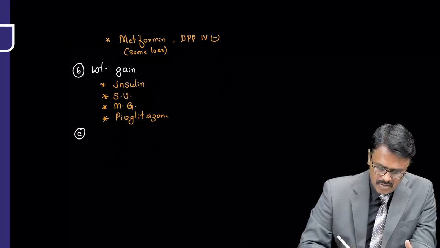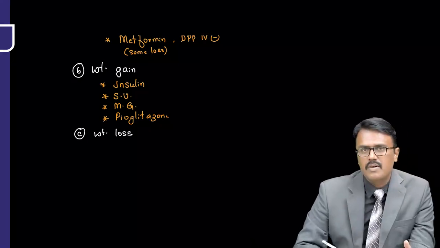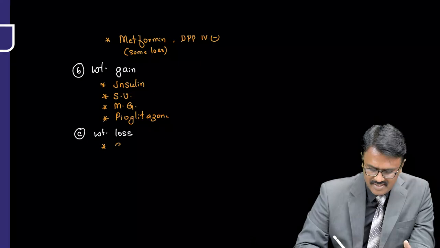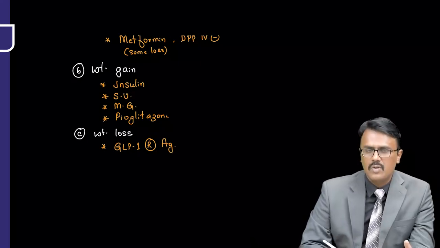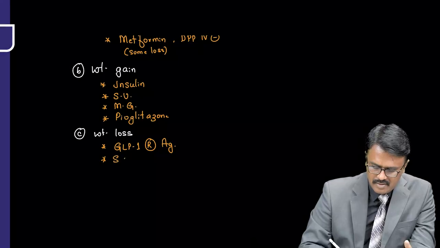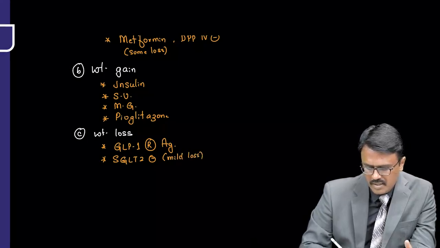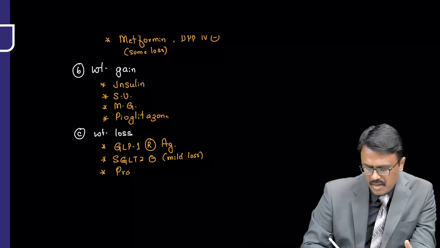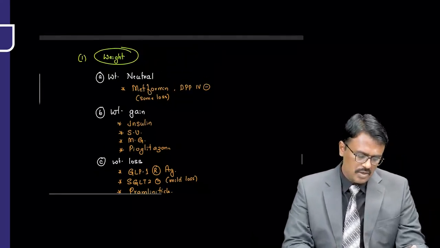Then what are the drugs which cause weight loss? Very important. They are GLP-1 receptor agonists, that is the glutides, then SGLT2 inhibitors, which cause mild weight loss, and a drug by the name pramlintide. So we understood weight.